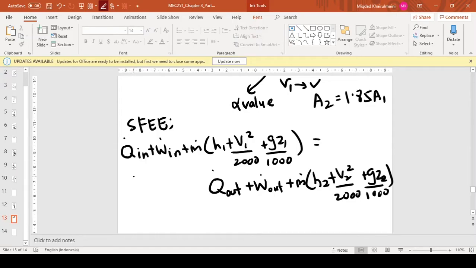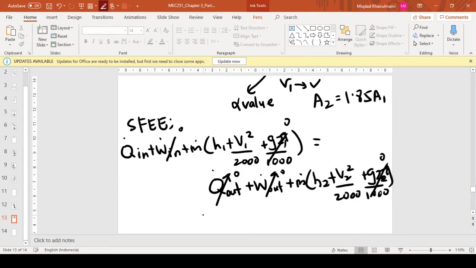Q in we cannot cancel because there is heat added. But we can cancel the work in because there are no work interactions, and also work out. Q out we cancel because only Q in is available.